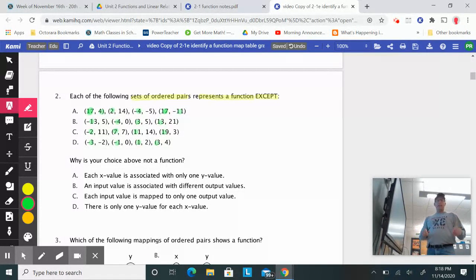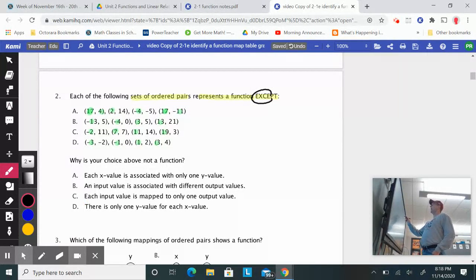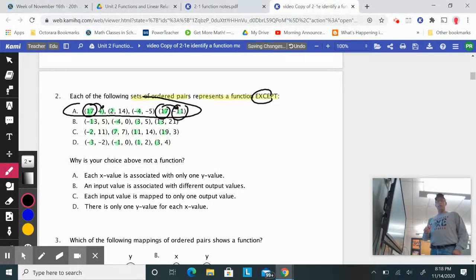One input, exactly one output. So reading the question carefully, we're looking for which one is the exception. Which one is not a function? This one here, because a 17 input can't have a 4 and also a 17 being -11. Can't have 2 different outputs.